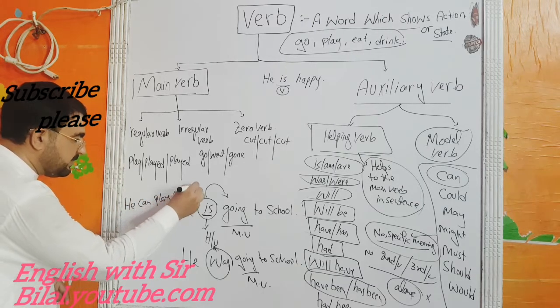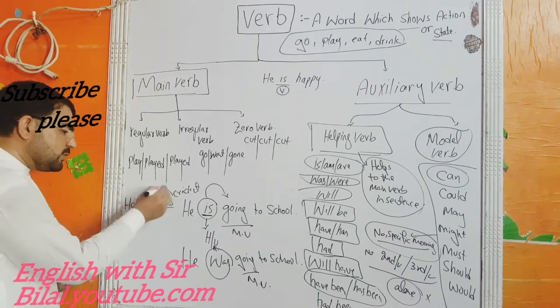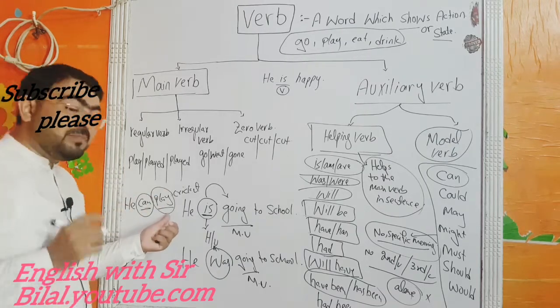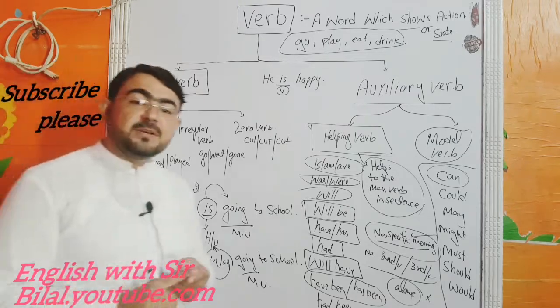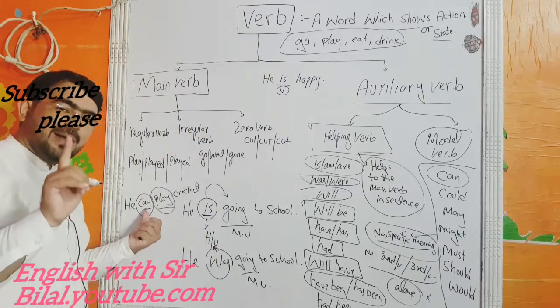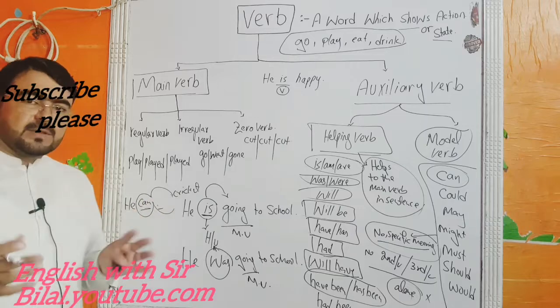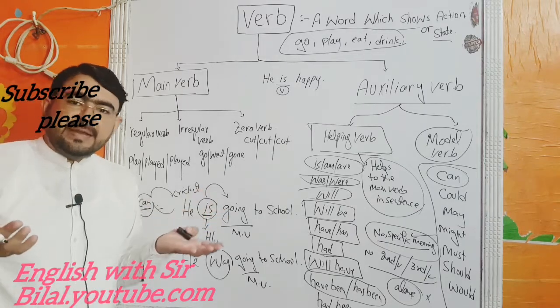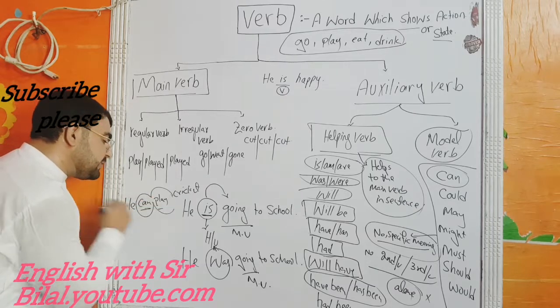This has a modal verb, so a main verb must be there. After a modal verb there will be the first form of the verb in the sentence. So a modal verb cannot come alone in a sentence. Like you cannot say "he can cricket." Now it doesn't give you any meaning. It's incomplete. But "he can play cricket."